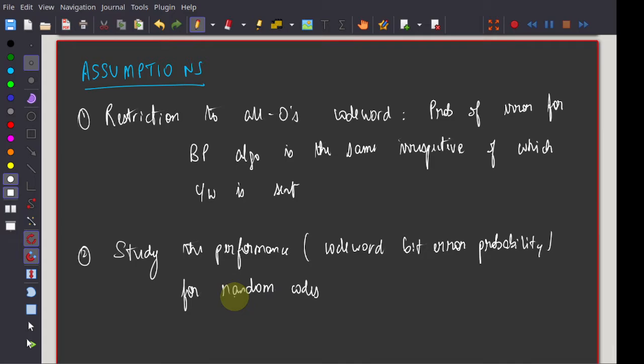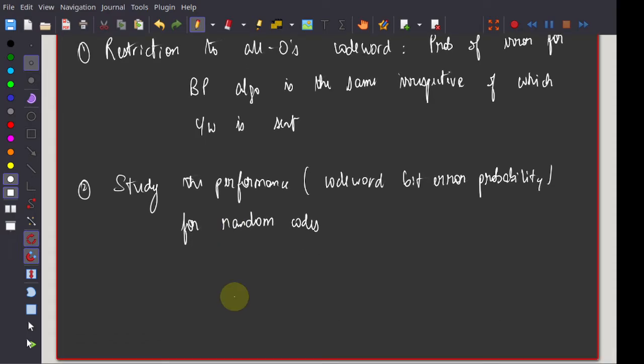Let's assume that we fix a particular degree distribution, lambda and rho, and using the configuration method, we pick one code uniformly at random. We pick one graph that completely specifies the code. And then we study, okay, for this random code, what is the probability of error? And in order to analyze that, we'll again make a series of assumptions, because of properties of most codes in this particular ensemble.